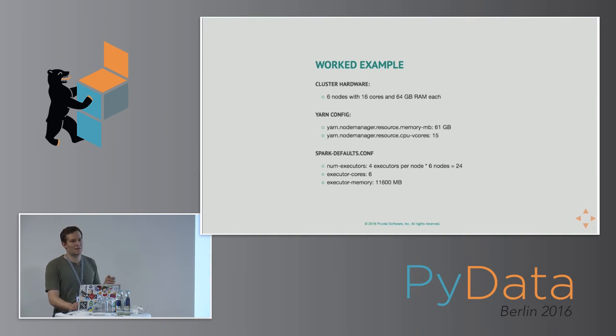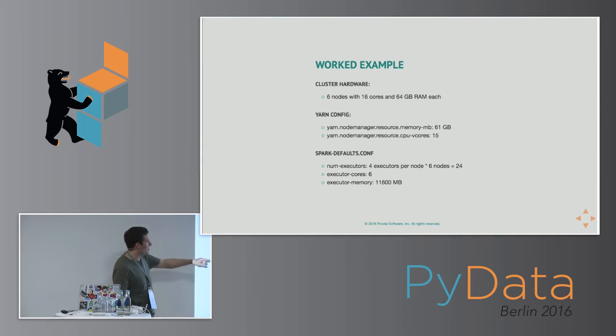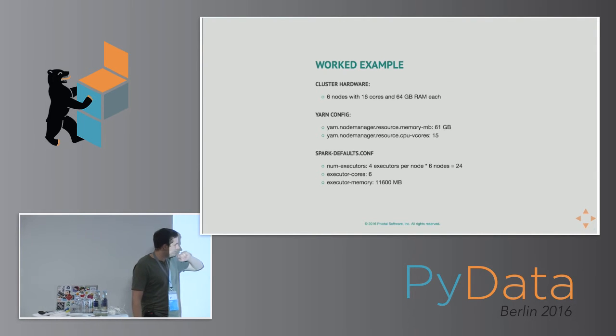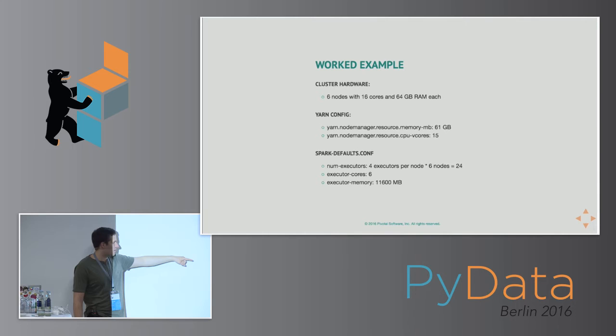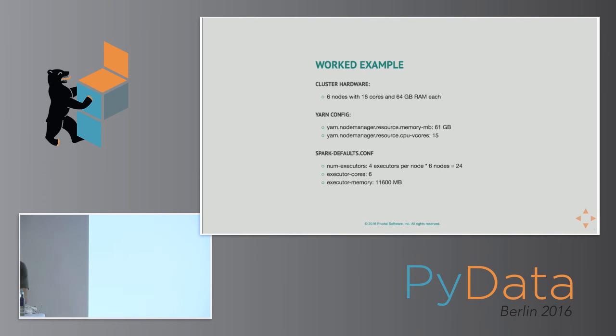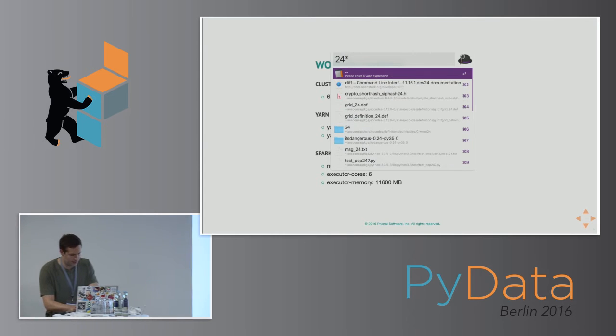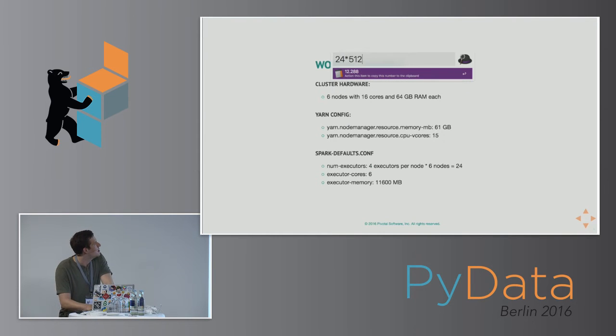Yes? Can you repeat the calculation for the 11,600 megabytes again? Oh, so for each executor, you have 24 Python processes, right? Let me see if this comes up. So you have 24 Python processes. Each of those has 512 megabytes of RAM by default, right?